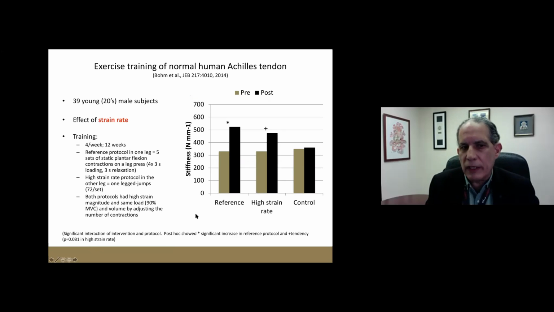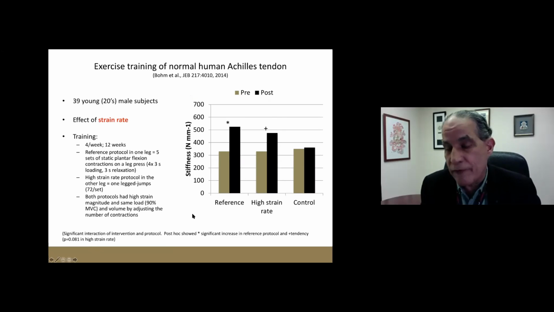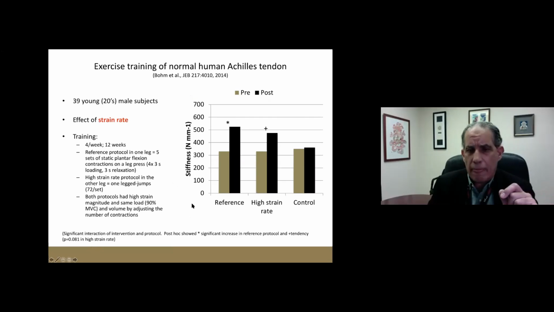Now, there's an element here that I want to emphasize again. This is not about doing exercises quickly. In this study, they compared the traditional exercise, the reference protocol, which is static plantar flexion, 3 seconds of loading, 3 seconds of relaxation, which is fairly slow.